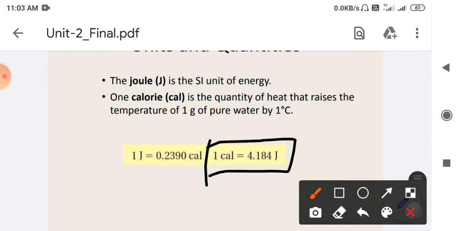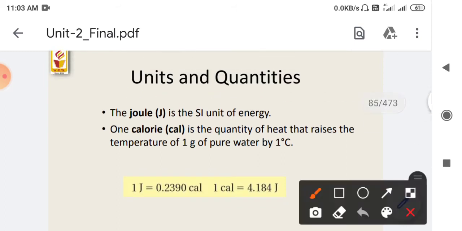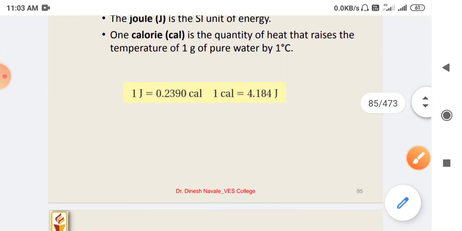Joule is the SI unit of energy, and the calorie is the quantity of heat that arises when the temperature of 1 gram of pure water is increased by 1 degree centigrade. So it is the energy change, or heat, due to the rise in temperature of 1 gram of water by 1 degree centigrade.